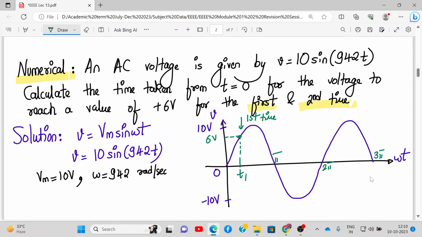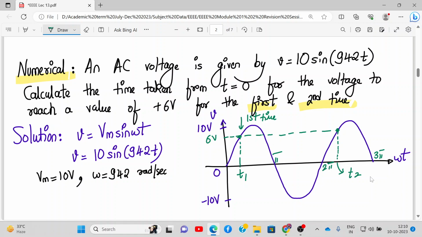Now if you consider the first and the second time, it will be within one period, so we cannot say the second time is over here. The second time it will be over here again. So we need to find out, let me rewrite it over here. This will be 2 pi, and this time will be t2.